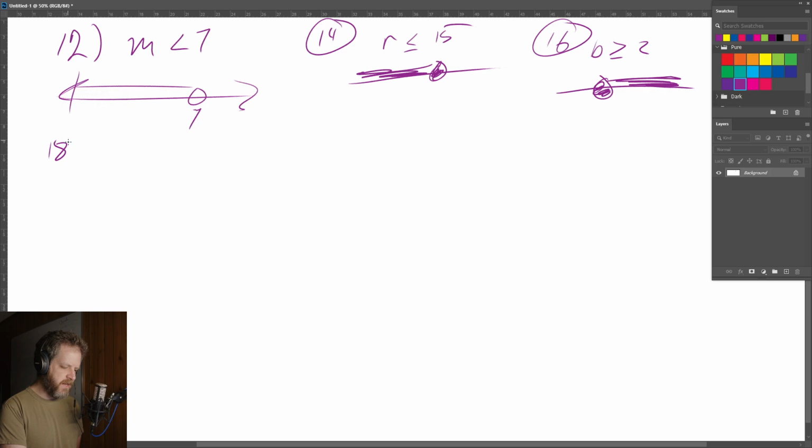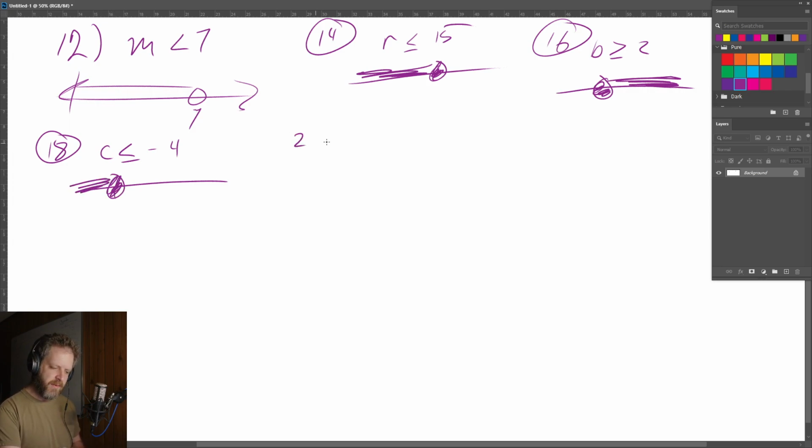Number 18 would have been c is less than or equal to -4. It would have had a filled in circle and it would have been shaded to the left. Number 20 would have been m is greater than or equal to 4.